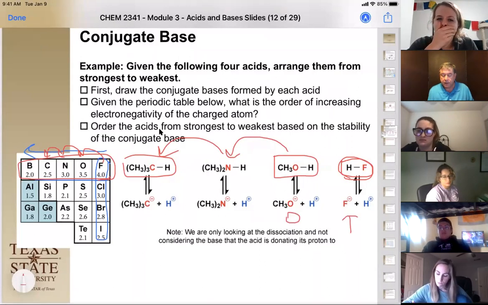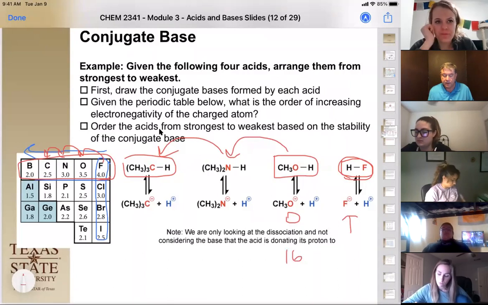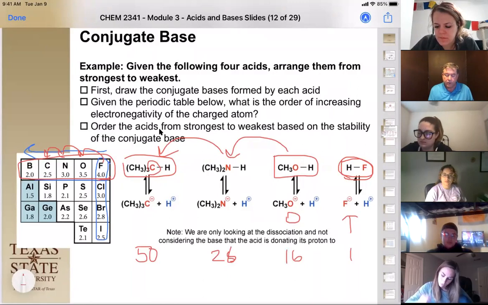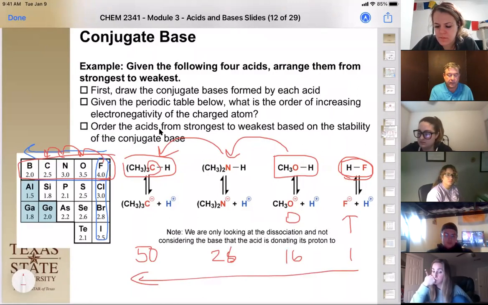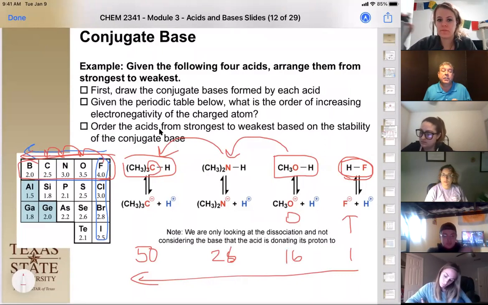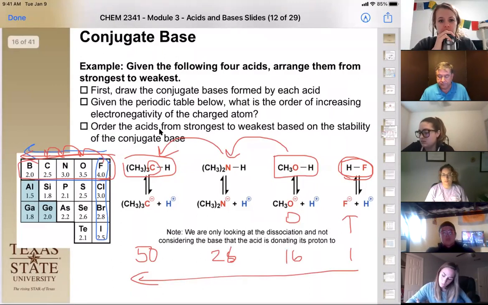Our methanol's pKa is 16. Our amide, our pKa is 26. And our alkynyl group here, our pKa is 50. So we have it going from 1 all the way down to 50, just going down that first row. That change in electronegativity is the major reason for that change.